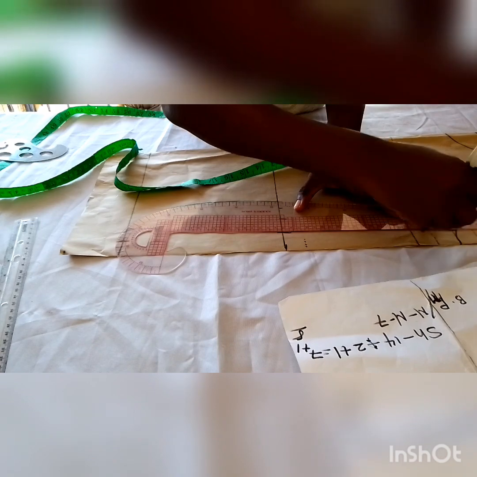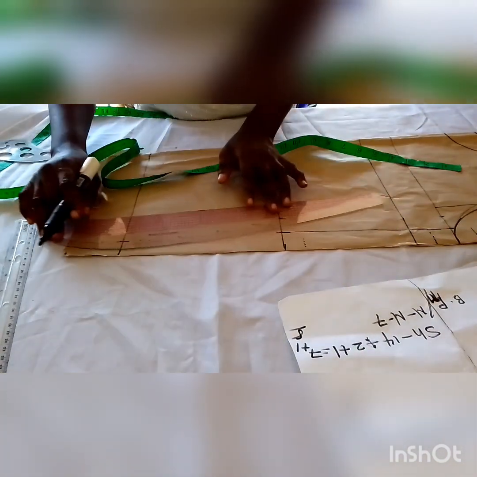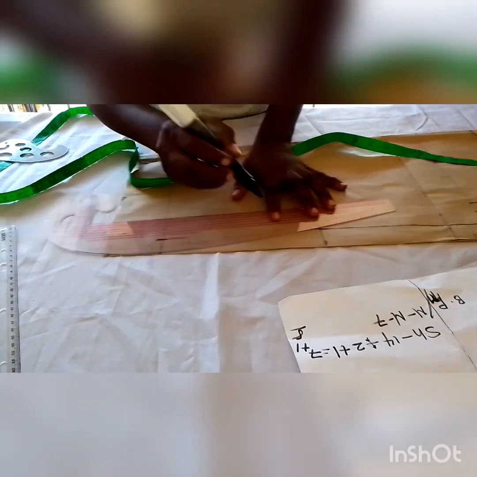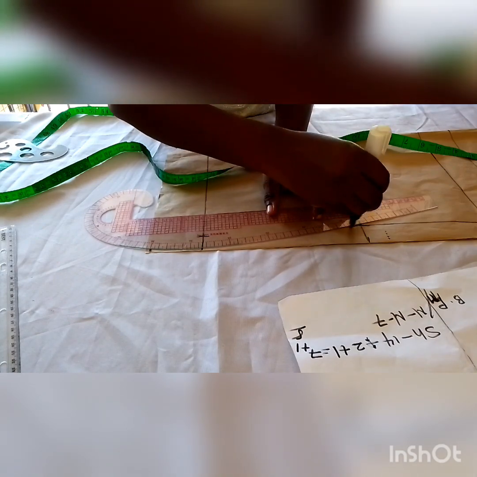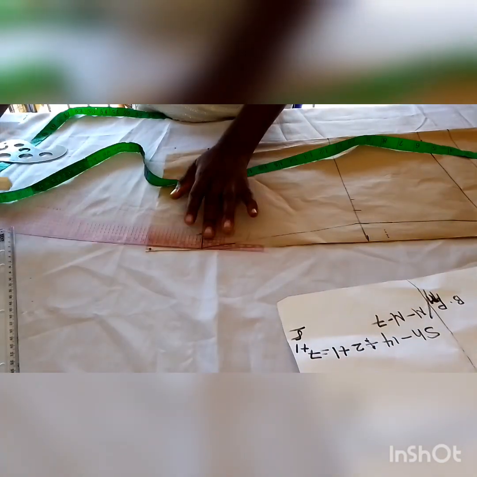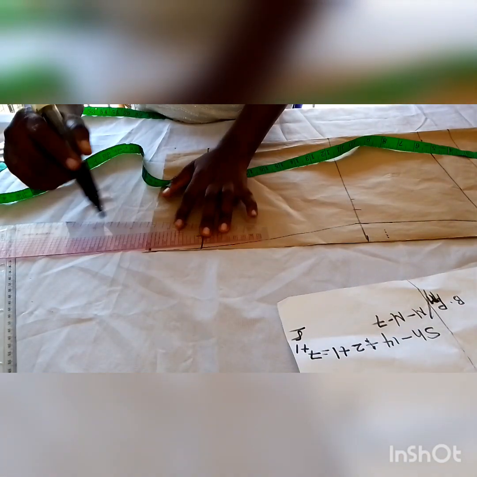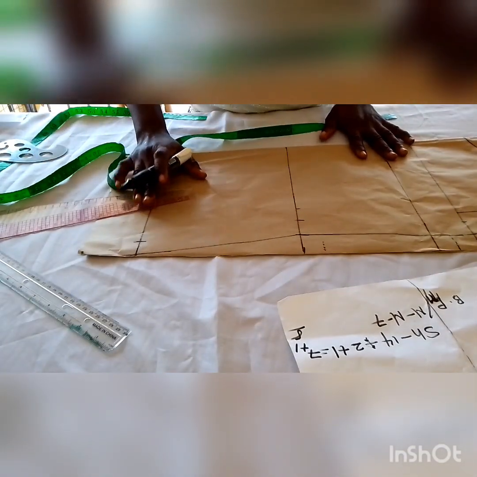So the 3 lines now are connected: the bust measurement on the chest line, the waist measurement on the waistline, and the hip on the hip line. The allowance line now is the one I'm connecting. It's only the waist we added 1 inch allowance twice. One for seam allowance, the second one is for dart allowance. So they are connected as so.